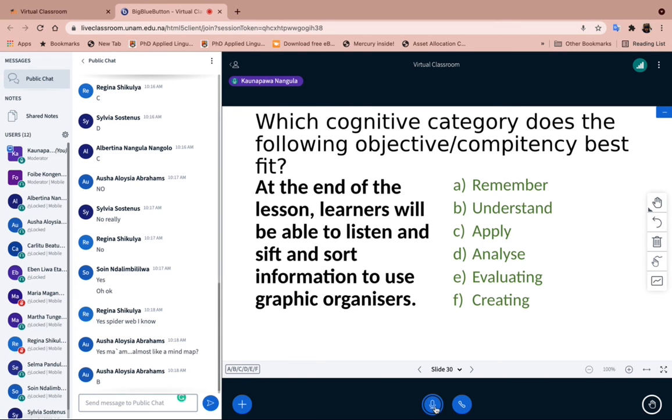Let's say what are the advantages and what are the disadvantages, or what is the impact of technology on the learners' minds, and then you now organize the information.